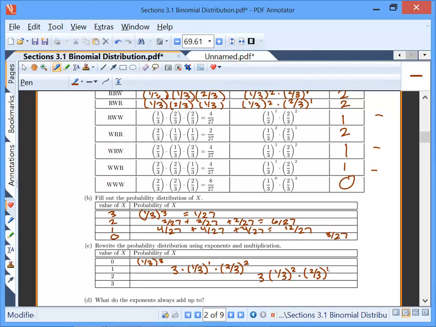And the very last one, to get 3 right, you had to have 1/3 to the power of 3. And that means I did something wrong here. Okay, to get 0, what was the probability to get a 0? It was 2/3 to the power of 3. Okay.